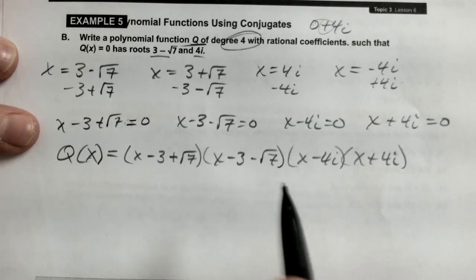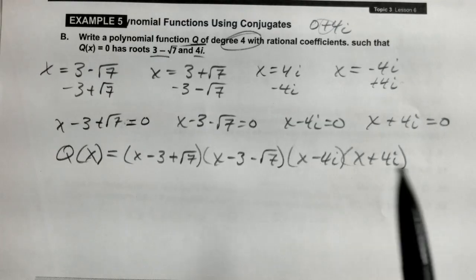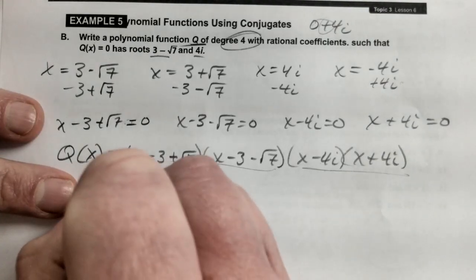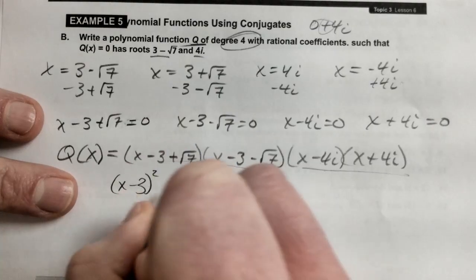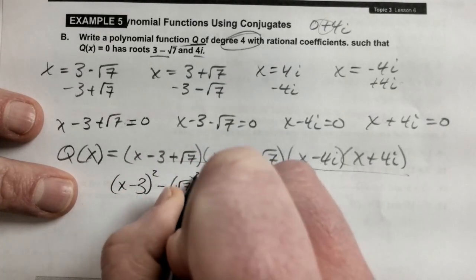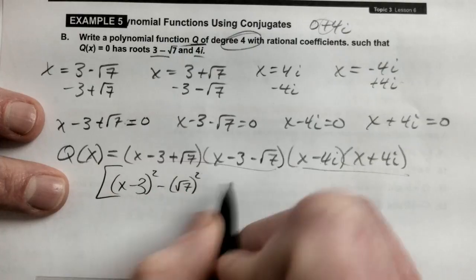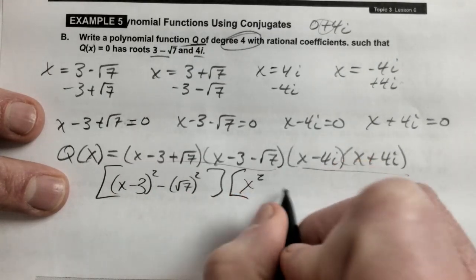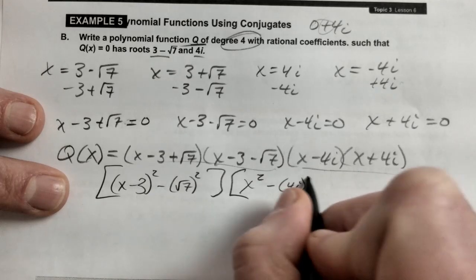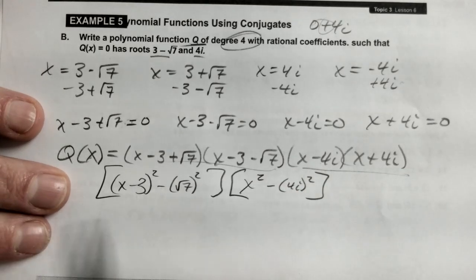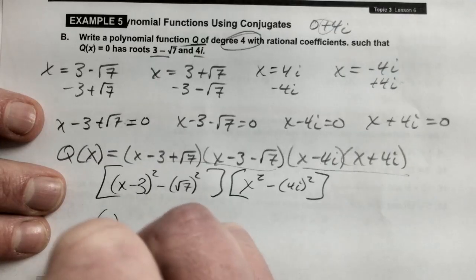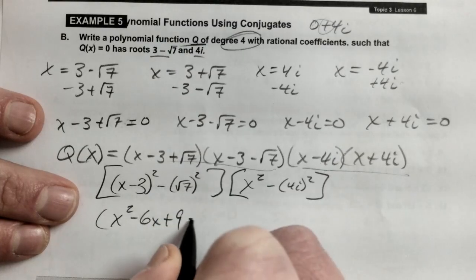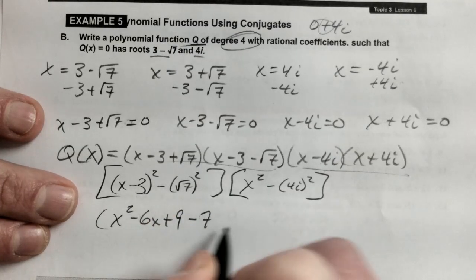Whew! All right, I'm going to do my conjugate pairs first. So here we get x minus 3 squared minus the square root of 7 squared, all of that times x squared minus 4i squared. Here we end up with x squared minus 6x plus 9 minus, now the square root of 7 squared is 7.